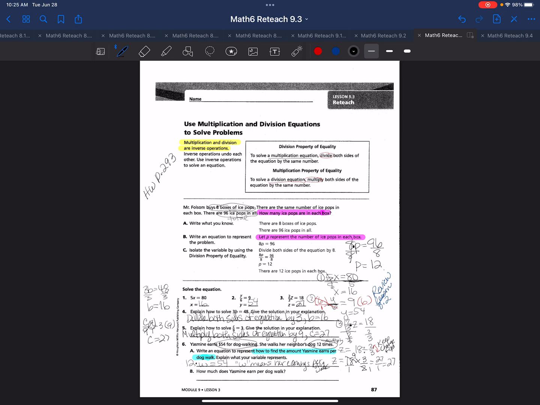How much does Yasmin earn per dog walk? Well, I need to go ahead and solve this. So this is multiplication. The opposite of multiplication is division. So I need to divide both sides by 12. And I get $4.50. Again, I don't think I have enough room here. Here, I'll do it up here. 54 is being divided by 12.